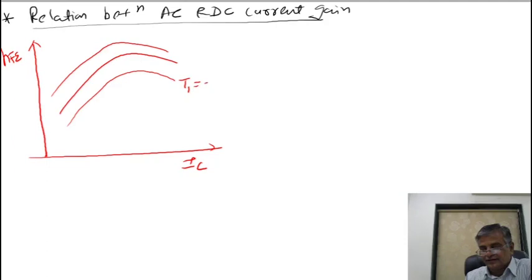T1 I have taken as minus 40 degrees centigrade, T2 as 25 degrees centigrade, and T3 as 100 degrees centigrade. This means T3 is greater than T2 greater than T1.